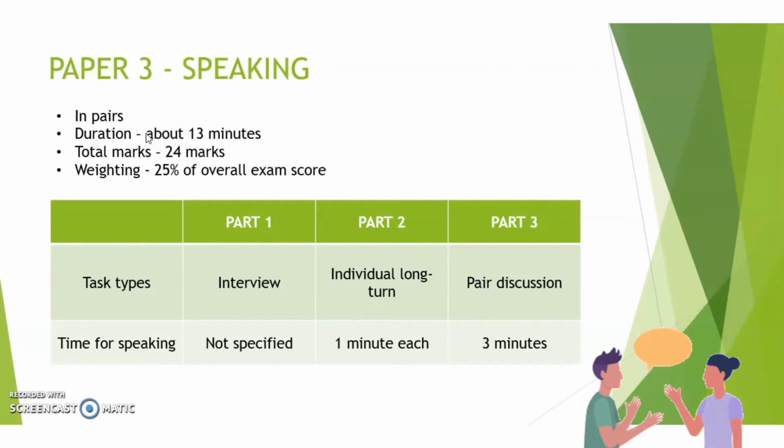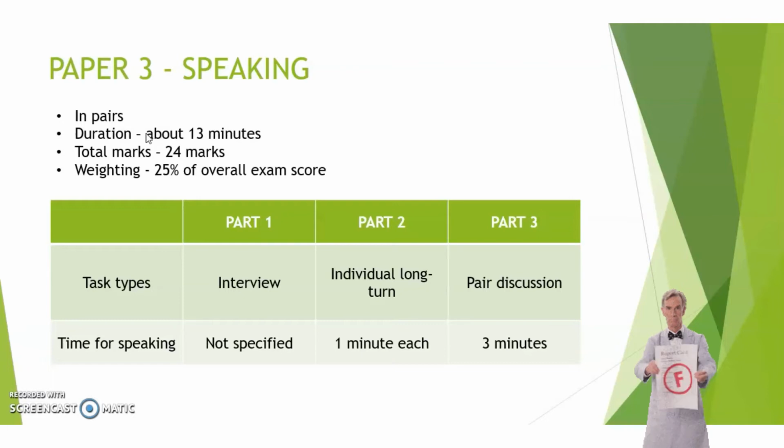One is most probably your own school English teacher, and she will be the interlocutor who is going to ask you questions and gives you marks based on your overall performance. And another teacher is from another school, and she will be the main assessor who is in charge of giving you marks on your grammar, vocabulary, and communicative competence. I will explain all these criteria in details in another video.